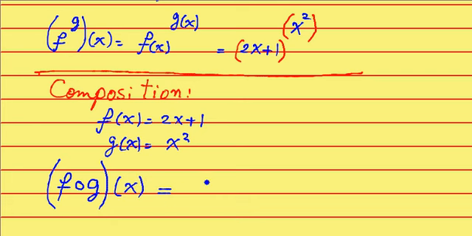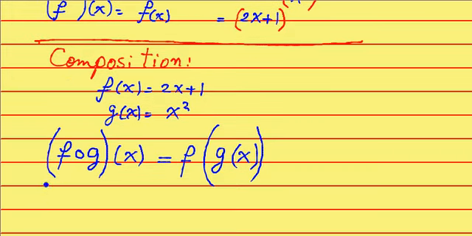Well, that is equal to, you have to take x, first give it to the first guy, and then figure out what that whole thing is, and then give it to the next guy. So that's the composition. F of g is read f of g or f circle g, because this looks like a circle. Sometimes it is called the composition of f and g.